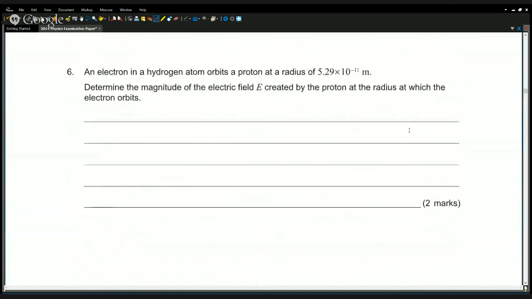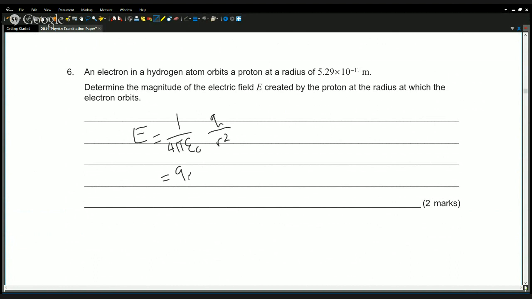So we're now on to electromagnetism. An electron in a hydrogen atom orbits a proton at a radius of this. Determine the magnitude of the electric field created by the proton at the radius at which the electron orbits. Okay, so you're working out the electric field. Now, this is for point sources, so the equation is Q on 4 pi epsilon naught R squared.